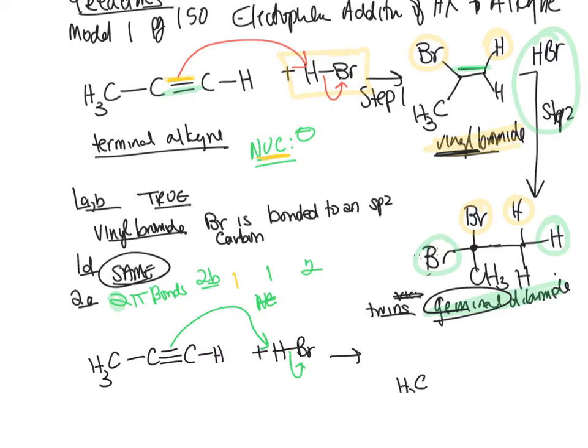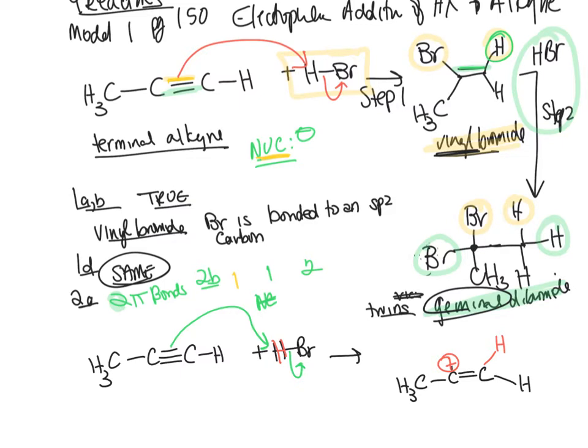Now you've got to decide where the hydrogen is going to go, because it's got to go across this bond here. And you see here that the hydrogen went here. So this hydrogen goes here to generate a vinyl carbocation.